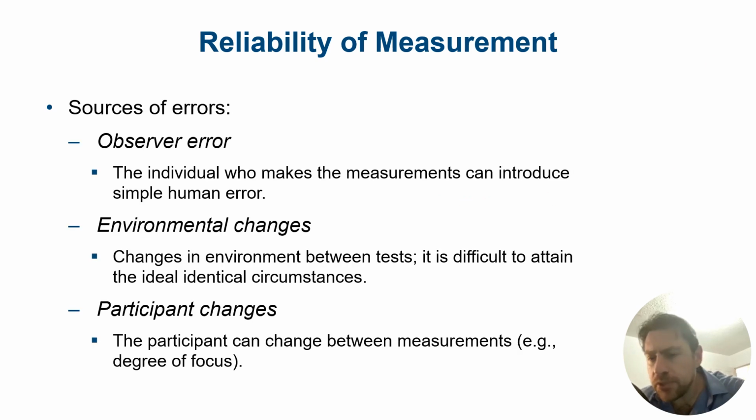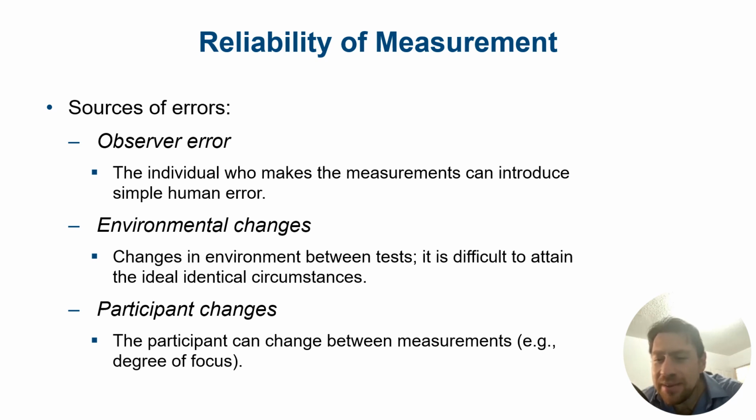All right, so let's talk about some sources of error and why the results of a test may be different from one time point to another. So for example, there may be observer errors. The individual who makes a measurement, if a person is making a measurement, that person can introduce error.